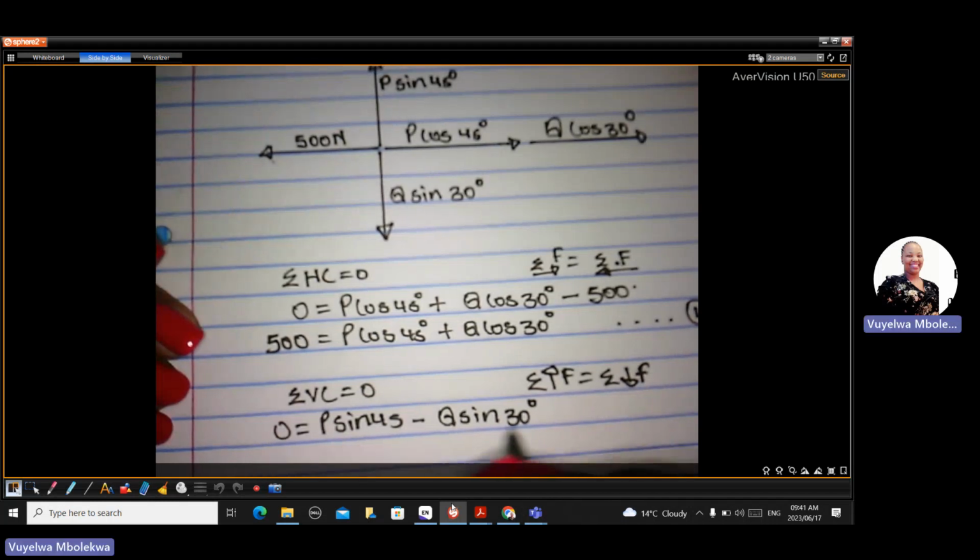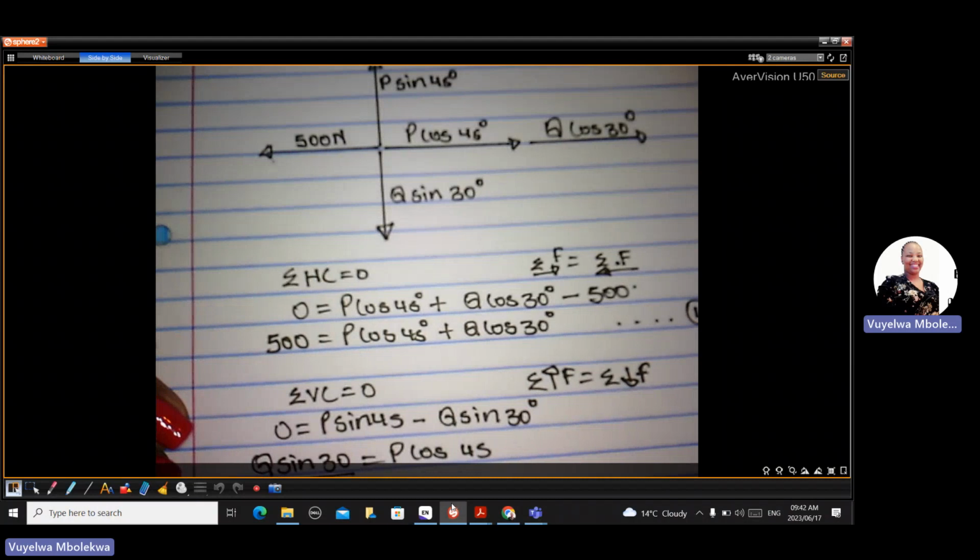If we rearrange it to have everyone positive, we bring Q sine 30 to the other side, so Q sine 30 equals P cos 45. So this one, we can make Q the subject of the formula by dividing by sine 30 both sides.